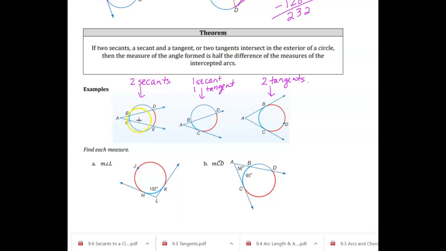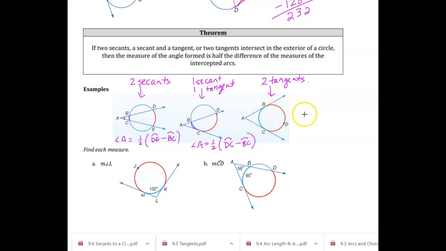So let's look at the first part. If we want this angle, which we'll call angle A, it's going to be half of BE minus this BC. This doesn't talk about the actual lengths themselves, it talks about the angles. Same thing here, if we want angle A, it's going to be half of arc BC minus arc BC.